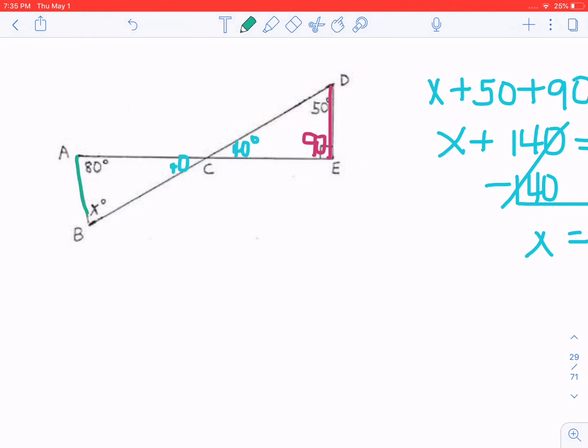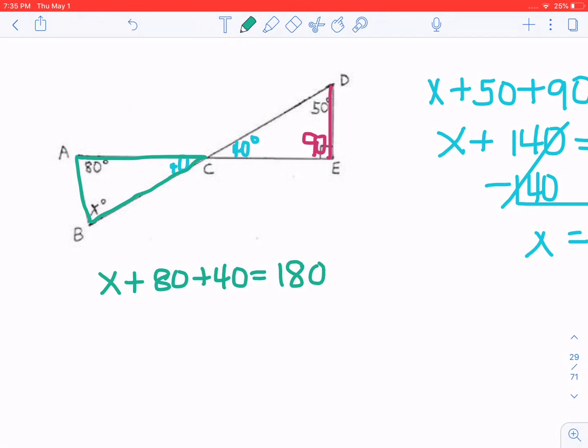Now on the other side, we have another triangle. And again, we know that the angles inside a triangle will add up to 180 degrees. So I can set up a second equation to find out what that x is going to be. So x plus 80 plus 40, and that's going to be equal to 180 degrees.